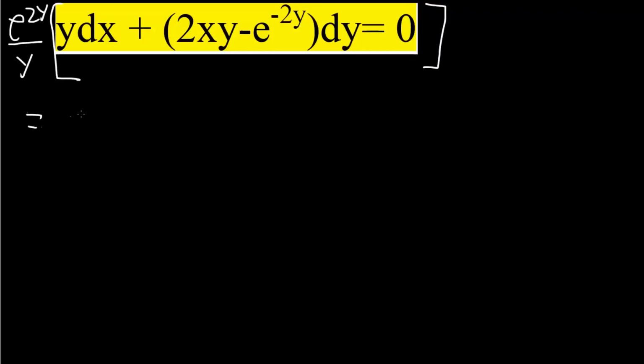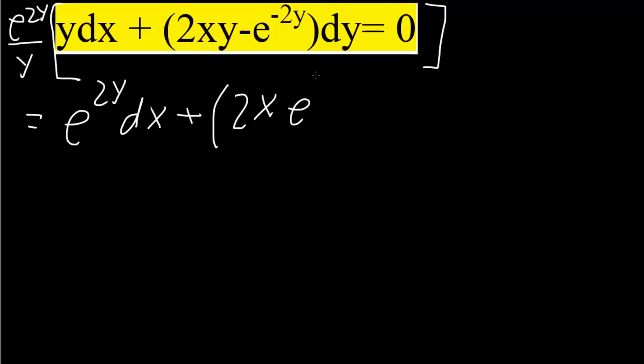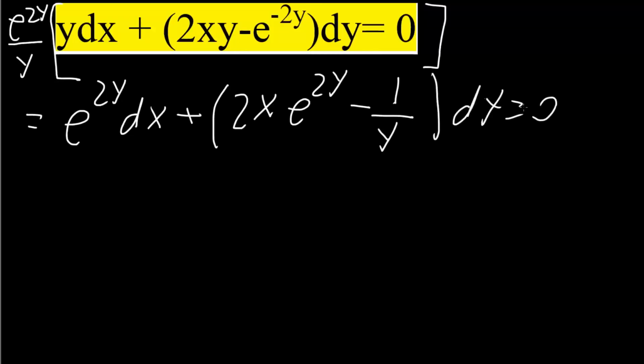So e raised to 2y divided by y times y dx would be e raised to 2y dx plus parentheses 2x e raised to 2y, negative e raised to negative 2y times e raised to 2y would cancel and we would get 1. So minus 1 over y in terms of dy is equal to 0. Because this times 0 is 0.